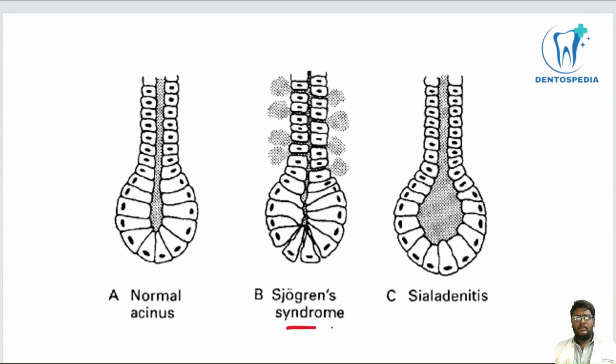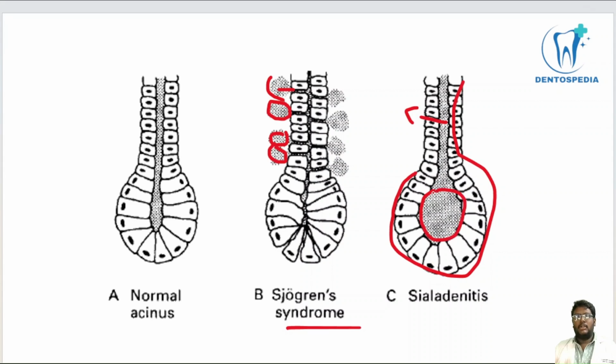Usually in Sjogren's syndrome, the contrast medium will be leaked out into the extravascular space, and there will be tiny dots. But in sialadenitis there is no leakage of contrast medium into the extravascular tissue. Also, because of the inflammation, the glandular acinus is dilated, and this gives an appearance of large blobs, large dots.